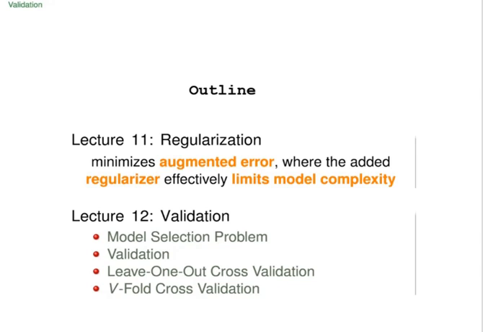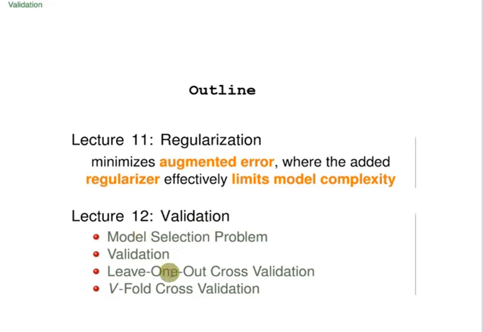In other words, regularization tries to estimate the overfit penalty, so that it minimizes in-sample error plus some overfit penalty, which is a quantity known as the augmented error. Validation techniques instead try to estimate the actual out-of-sample error and try to minimize it directly.